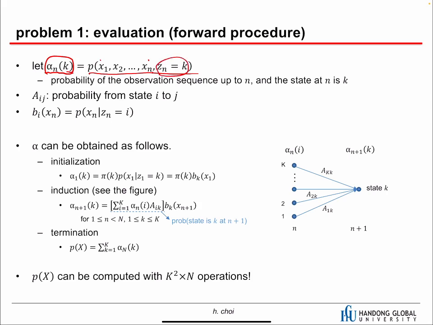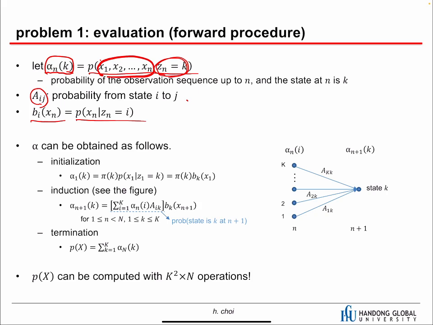Again, alpha is the probability of this subsequence, and the current state is k. And then a sub ij is the probability from state i to j, the transition probability. And b sub i of xn is P of xn given z sub n, which is the emission probability.